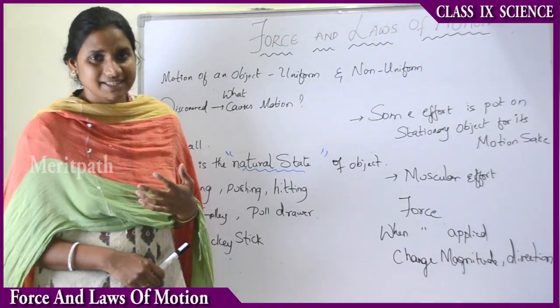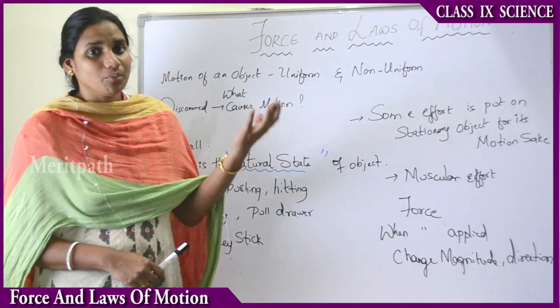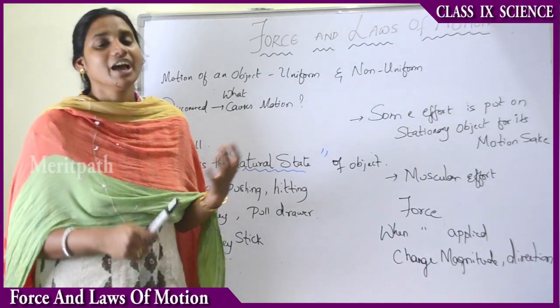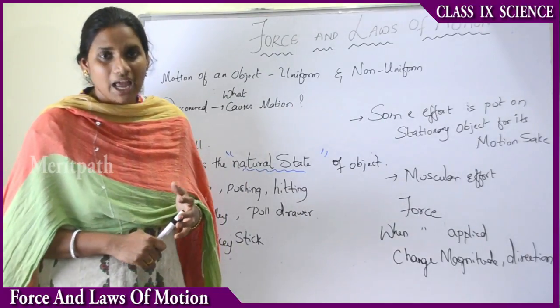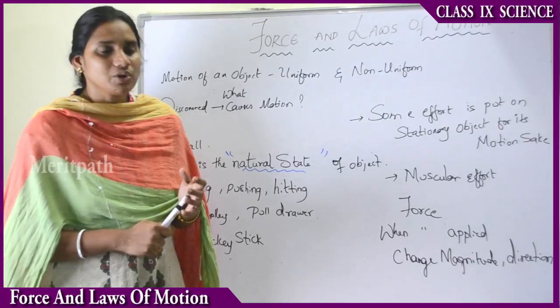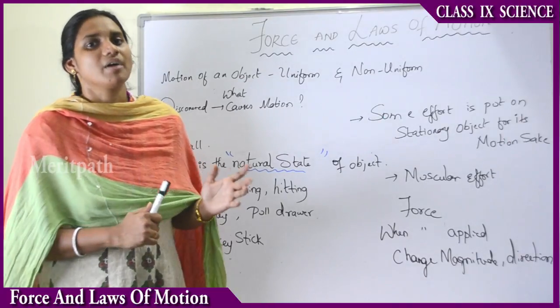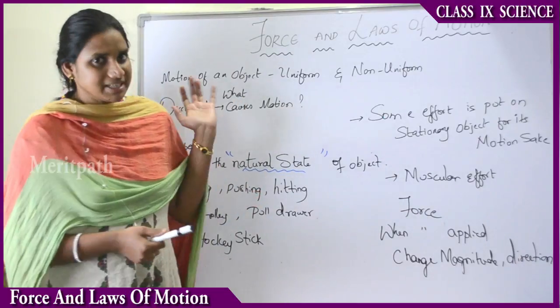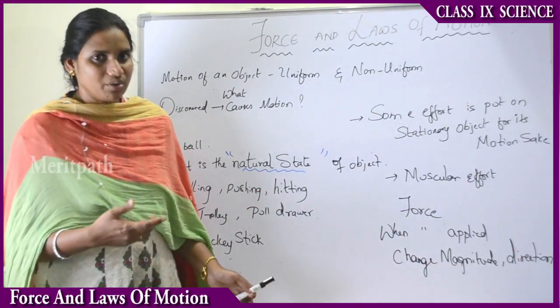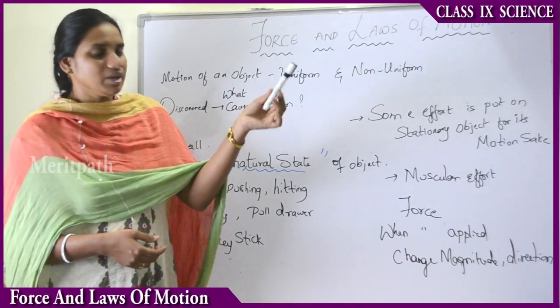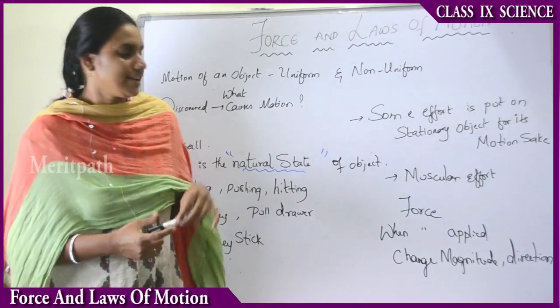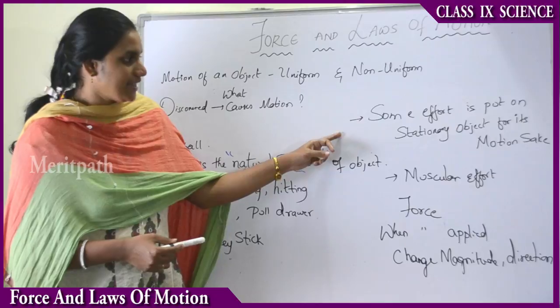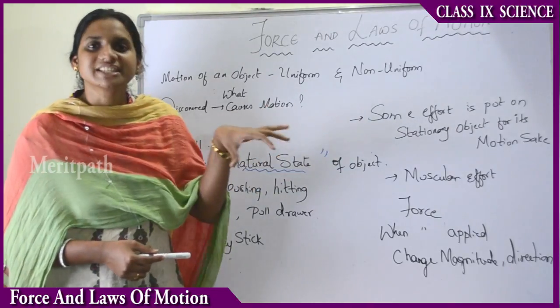These move in such a way that we are not applying any force on them, but the centrifugal force or the attractive forces between them make them move in space, right? And the objects in space will not fall down, as we know, because they are moving in space, right? So we can say that some effort is put on stationary objects.